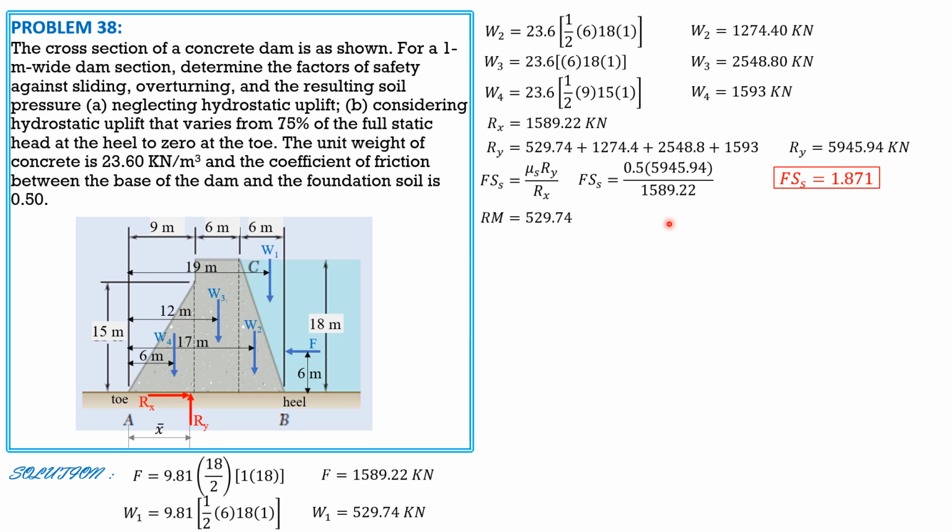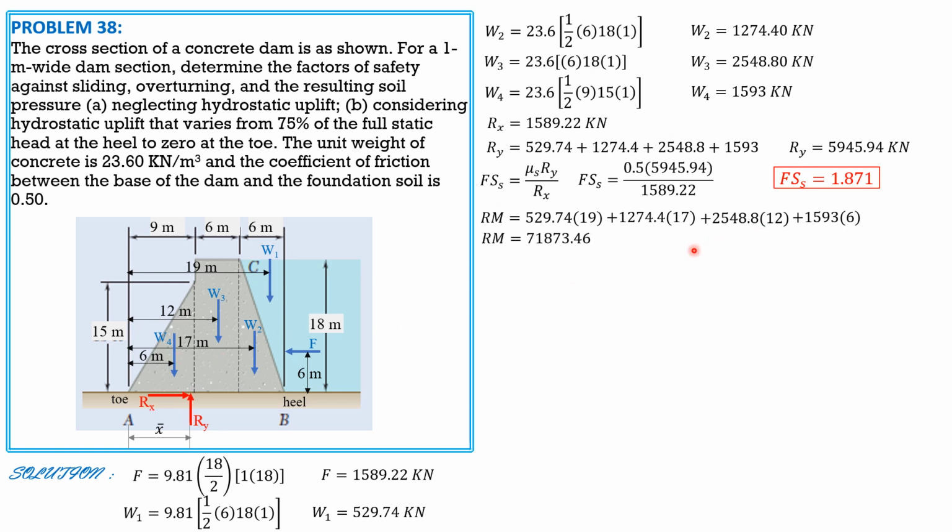Then the righting moment is equal to weight 1, 529.74 times 19, plus weight 2, 1274.4 times 17, plus weight sub 3, which is 2548.8 times 12, plus weight sub 4, 5093 times 6.